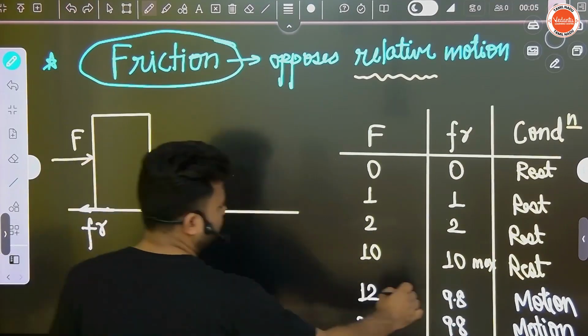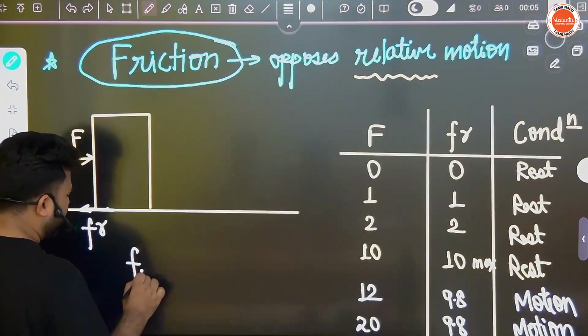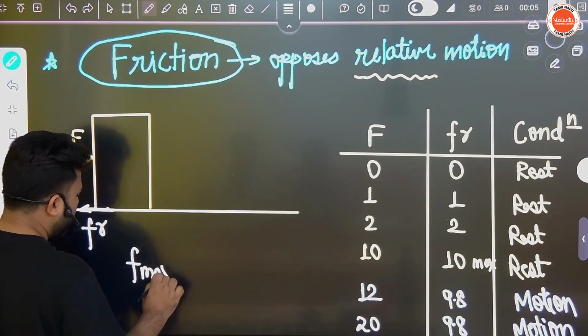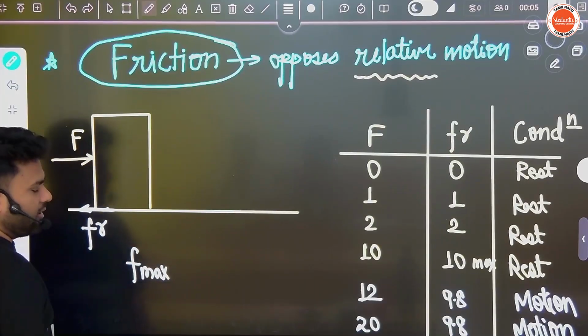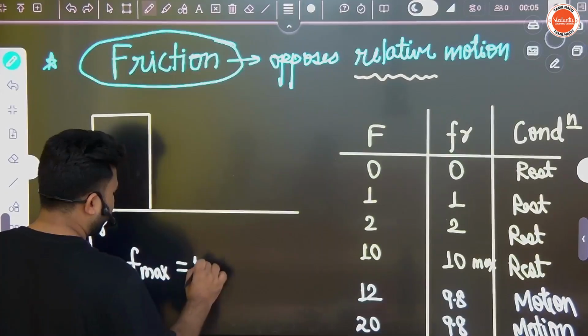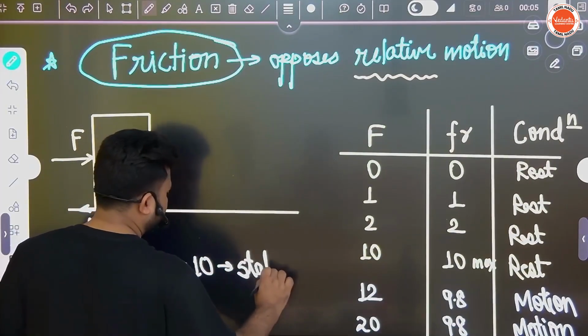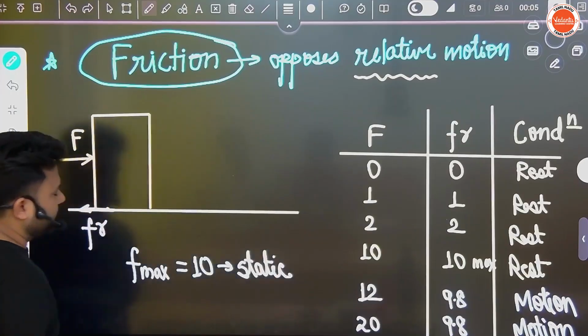This value is the maximum value of friction. So friction maximum value here, if someone asks, it is 10, and here the object is at rest, so that is called static friction. Static means rest.